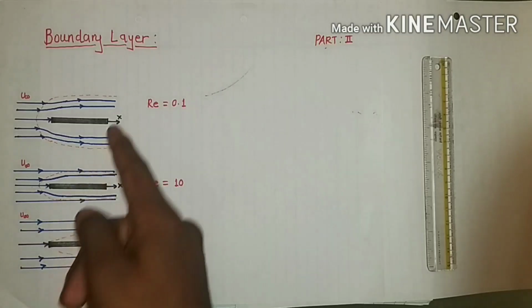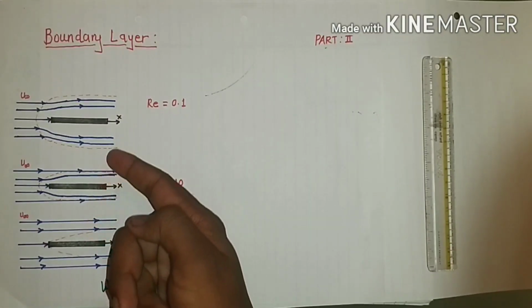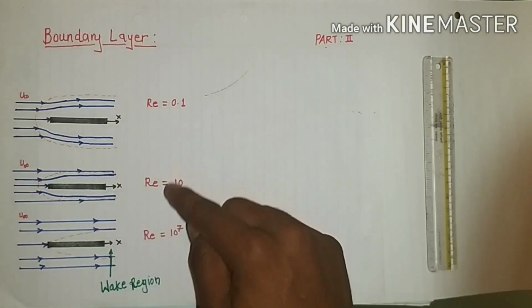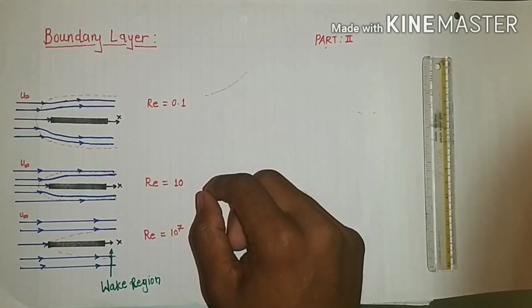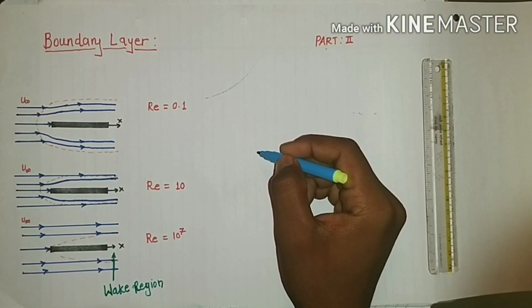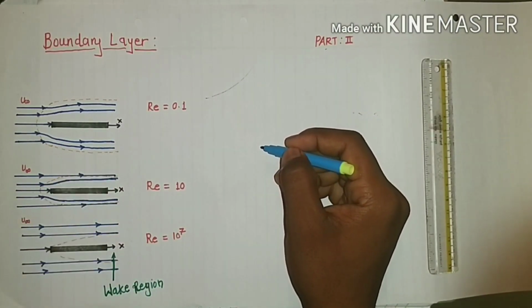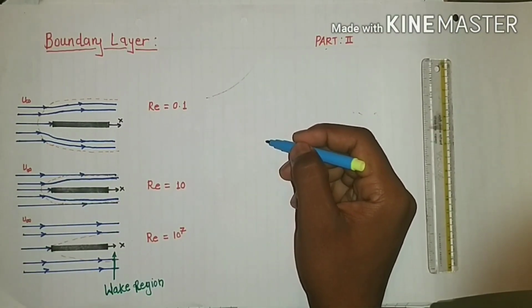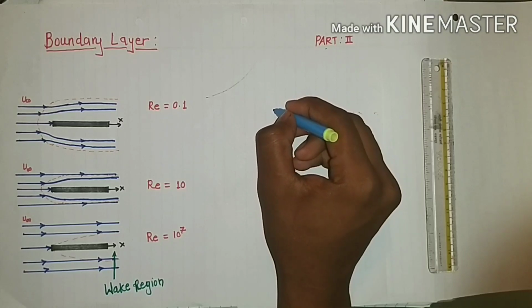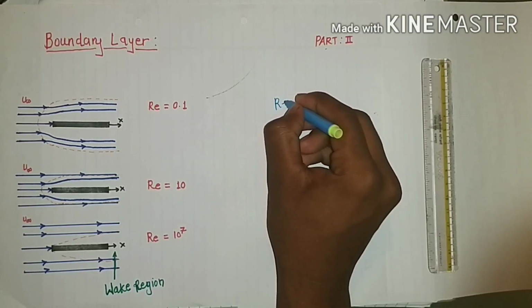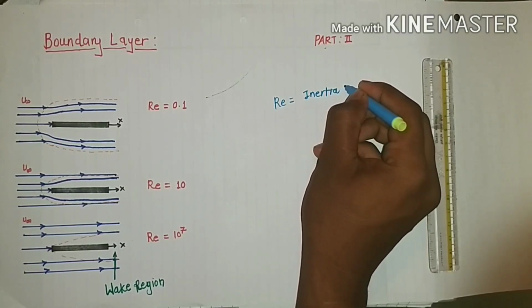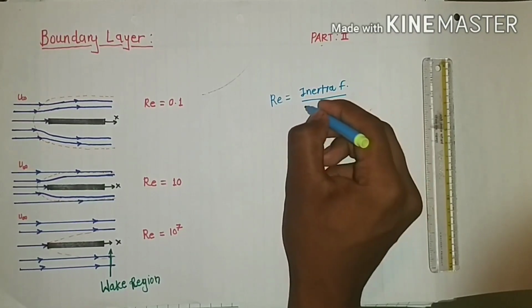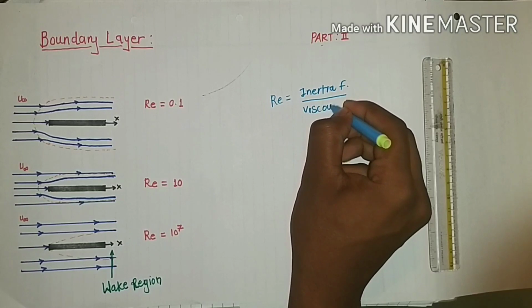Friends, I have drawn these three figures. In all the three figures, all the parameters are the same except the object velocity, u infinity, so they are figures with different Reynolds numbers. As we know, Reynolds number Re is the ratio of inertia force to the viscous force.